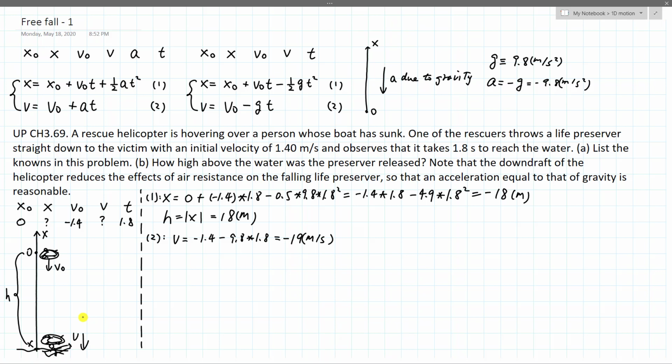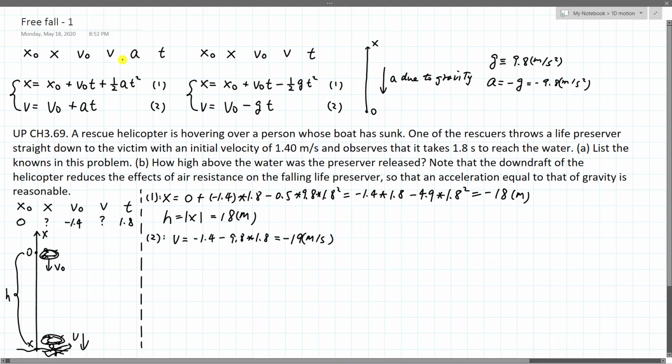Alright, so now what we did was I showed you one particular example of how to do free fall. Free fall is actually easier than the constant accelerated motion because it has this one last unknown, right? We don't need to find the acceleration because it's already given to us by Earth's gravity. There could be chances that we talk about something happening on the moon, on Mars, or some other planet X where this is unknown.